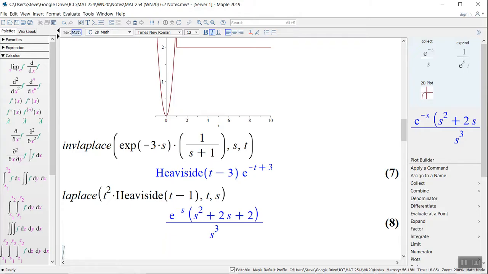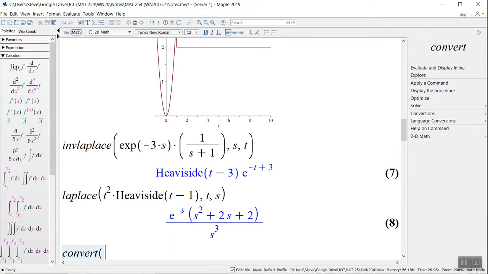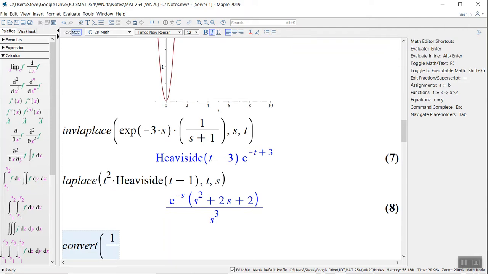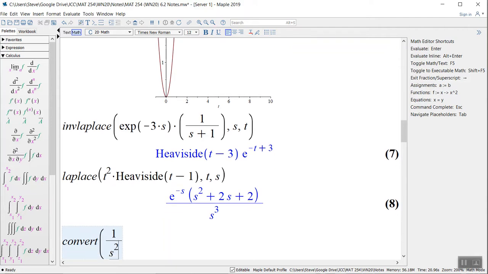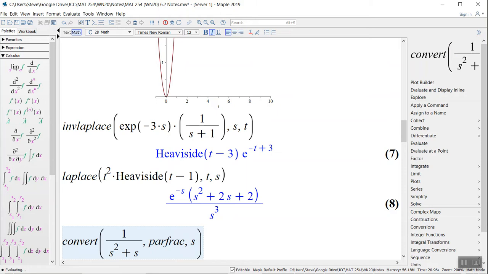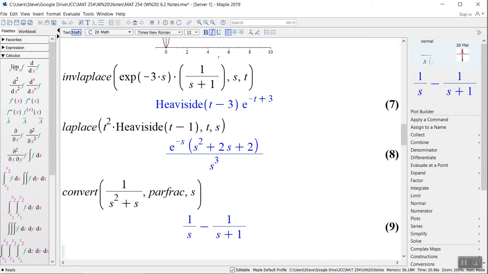Step over here to Maple, and we're going to say convert 1 over s squared plus s using the par frac, and our variable is s. And Maple says, hey, no problem. That's the same thing as 1 over s minus 1 over s plus 1.